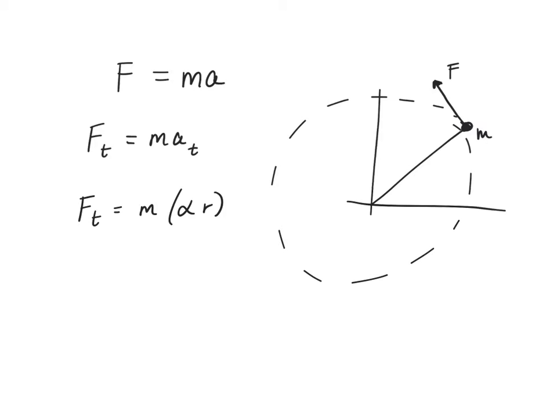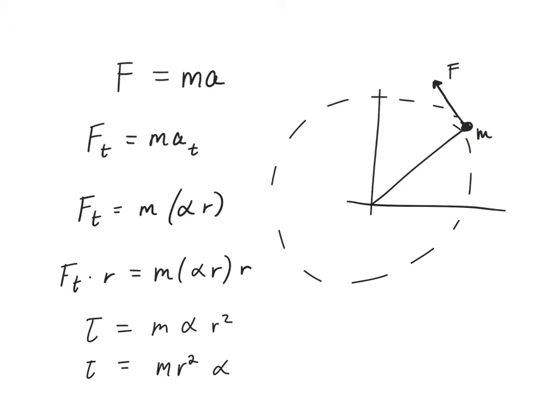Now, if I multiply both sides of this equation by r, the left side is F_t times r, and by definition from the previous slide, that is torque. So I'm multiplying both sides by r, and this becomes torque right here. Then I've got m alpha r squared, or simply torque equals m r squared alpha.